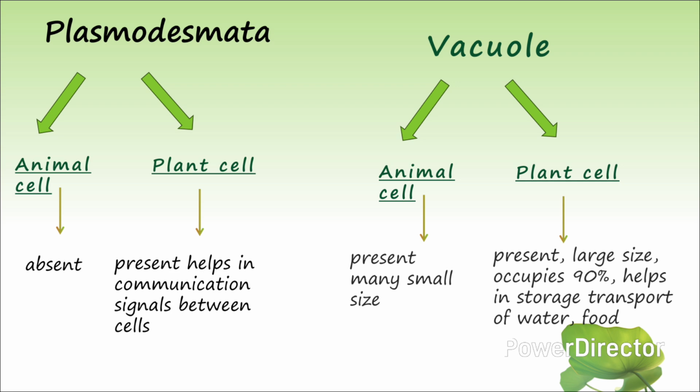Next is vacuole. Animal cells may have many small vacuoles, but plant cells have a large central vacuole that can occupy up to 90% of the cell volume. This vacuole is crucial for growth and development.